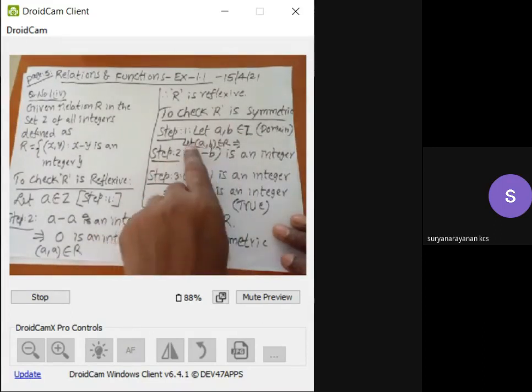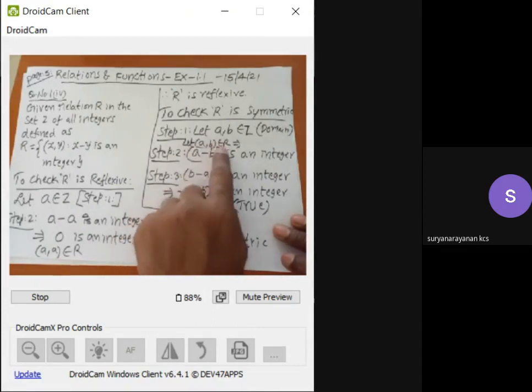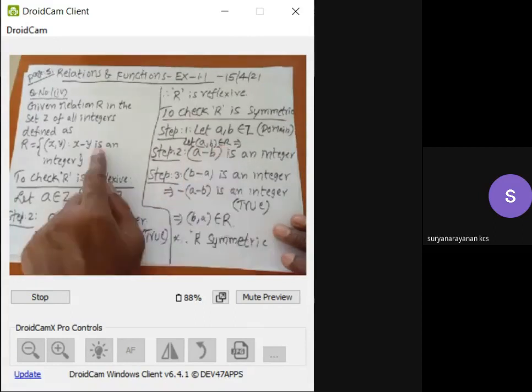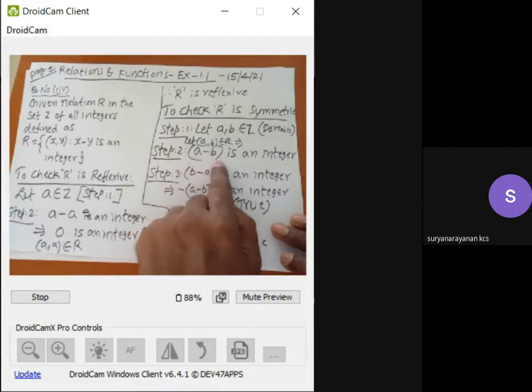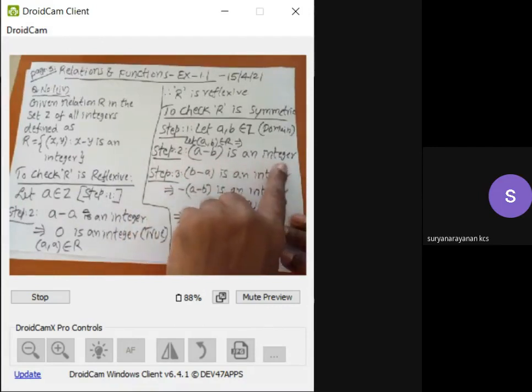Step 2, we have to assume that ordered pair a comma b belongs to R. Ordered pair a comma b belongs to R means, in the given relation, we write a in the place of x and b in the place of y. Then we get this statement: a minus b is an integer. In step 2, we got this statement.